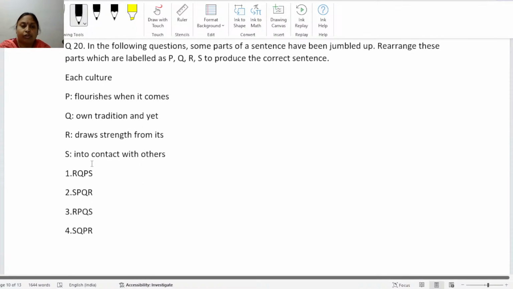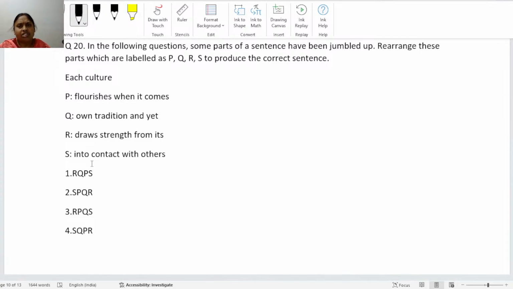So next we will go for the 20th question. In the following questions, some parts of sentences have been jumbled up. Rearrange these parts which are labeled as PQRS to produce the correct statement. Each culture, by drawing the strength from its own tradition, flourishes when it comes into contact with the others.